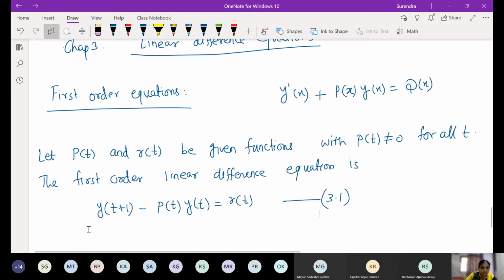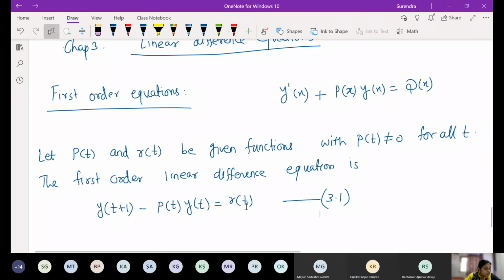Just as in a differential equation y' is first order, here it depends on the argument: t+1 minus t is nothing but a first order difference equation. So the general form of the first order linear difference equation is y(t+1) minus p(t) y(t) equals r(t), where p(t) is non-zero for all t, and p(t) and r(t) are any given functions of t. Is that okay?